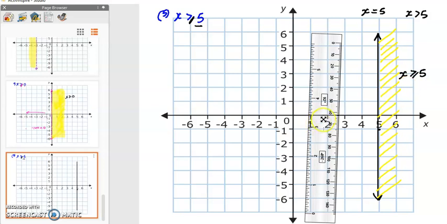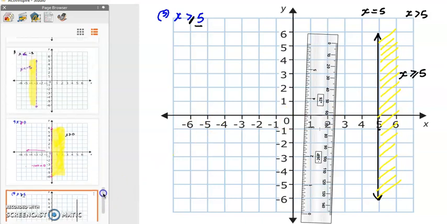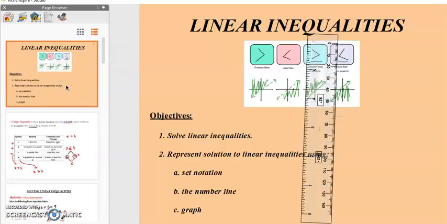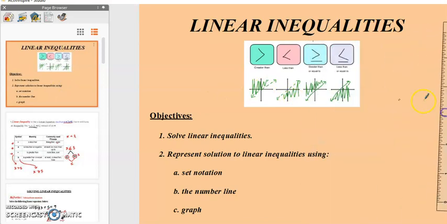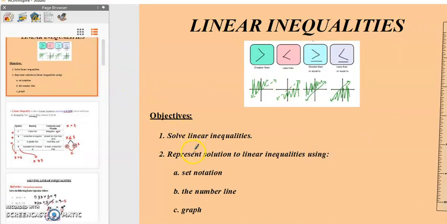Right, so this example actually concludes what we have started in this video series. So if we go back to what we did previously, we had a few objectives in mind, where we needed to learn how to solve linear inequalities. We did that, and we also looked at how to represent solutions to linear inequalities using set notation, the number line, and also the graph.